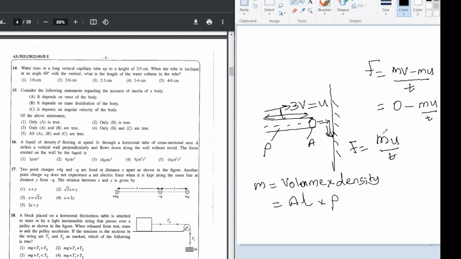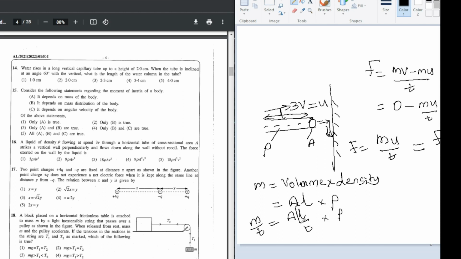Now when you compare this equation, F is mu over t, and we can write F equal m over t into u. So m is A L rho, and m over t is A L over t into rho.